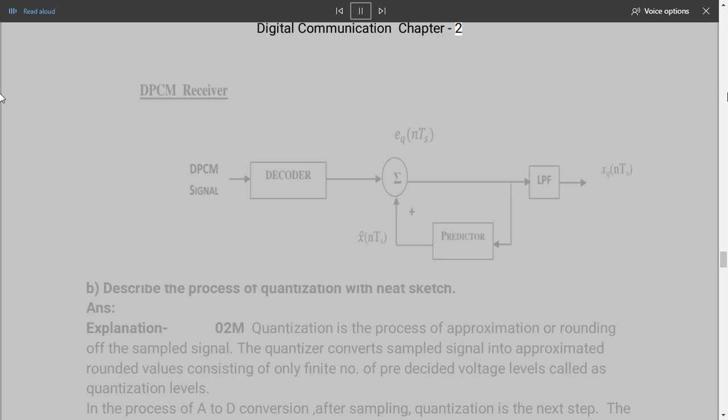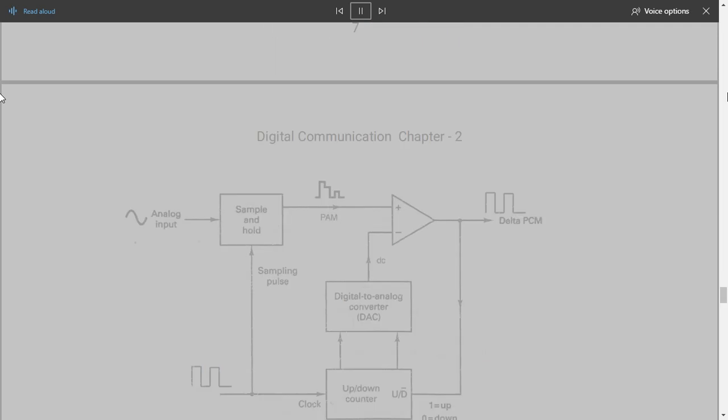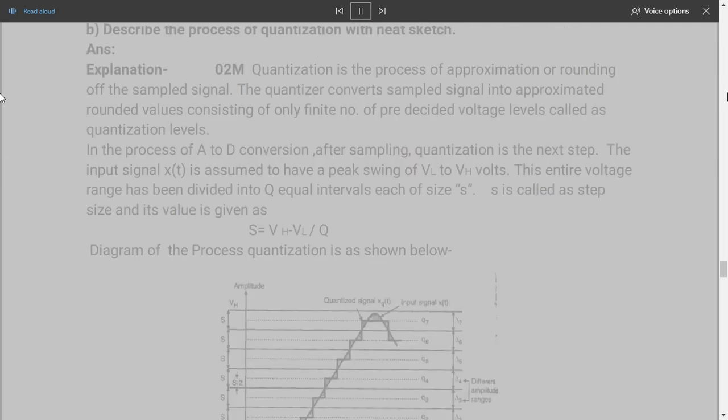B. Describe the process of quantization with neat sketch. Answer: explanation 2 marks. Quantization is the process of approximation, or rounding off, the sampled signal. The quantizer converts the sampled signal into approximated rounded values consisting of only a finite number of pre-decided voltage levels called quantization levels.